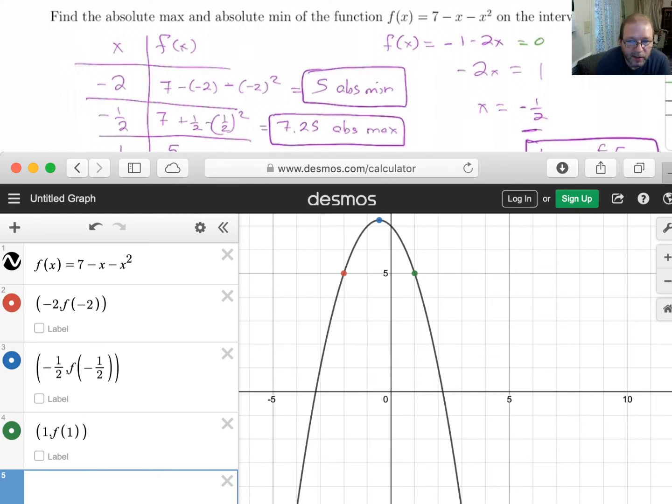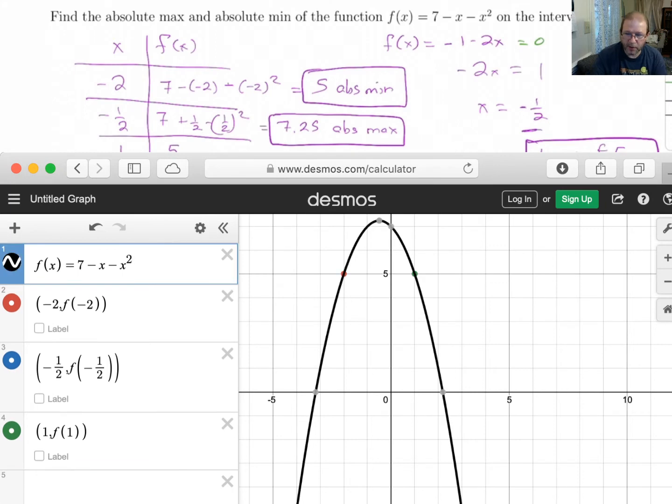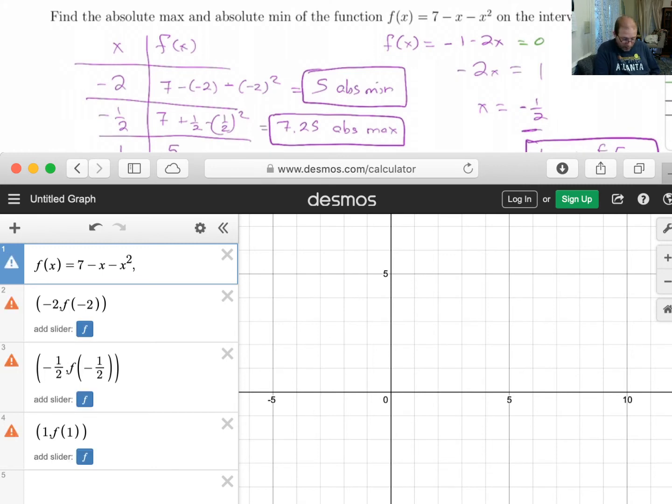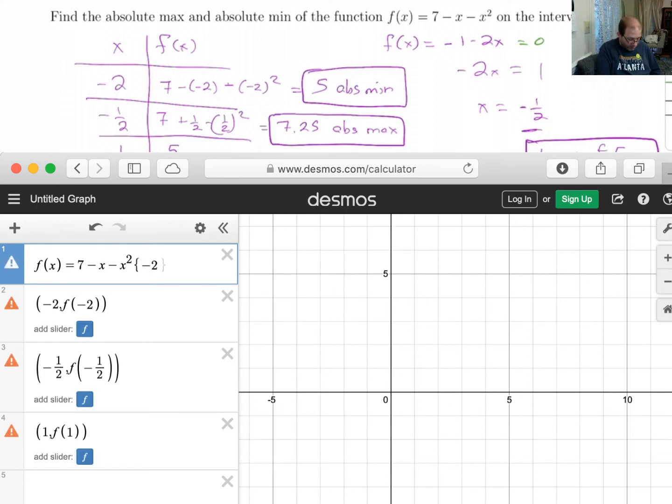We can see that two of them are at the same height, and those give us the minimum on this interval. If you wanted to, you could even put in an interval up here: -2 less than or equal to x less than or equal to 1.